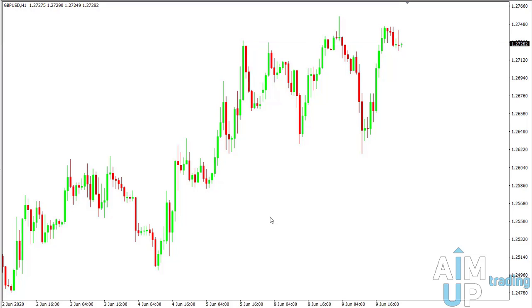But we got quite a lot of emails from people asking us to explain a little more about what exactly candlesticks are, how they form, and the whole idea behind them. So this is pretty much what we're going to be talking about today.